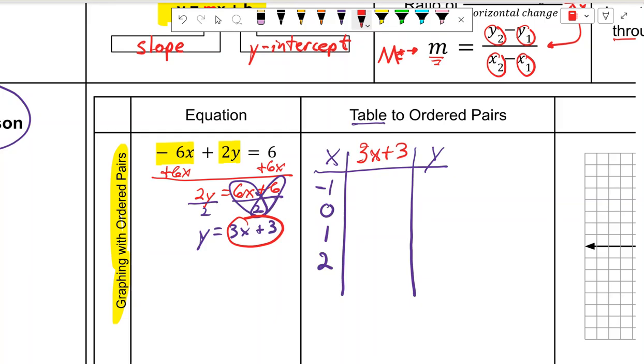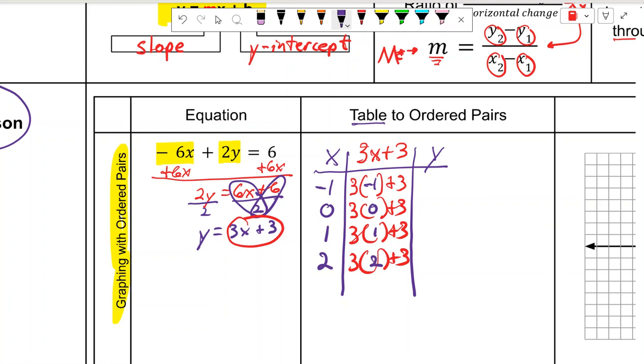That's how we find our y's. So let's rewrite that as 3 parentheses for the x plus 3, and we'll do that 4 times. In these parentheses, you put these numbers: -1 goes here, then a 0, then 1, and 2.